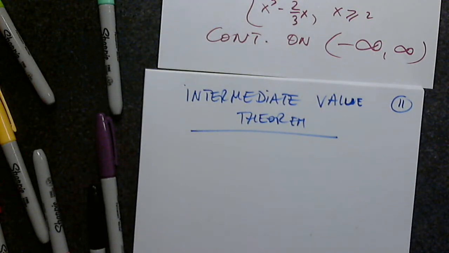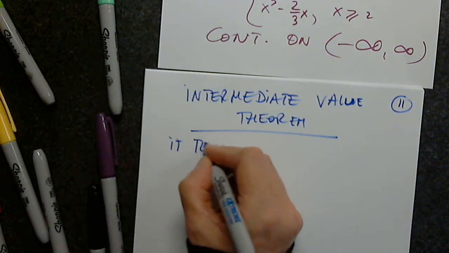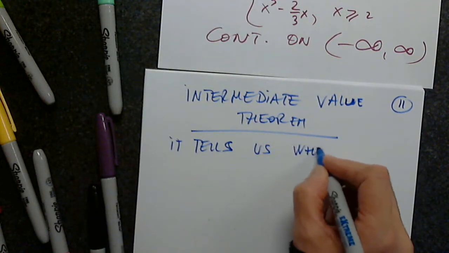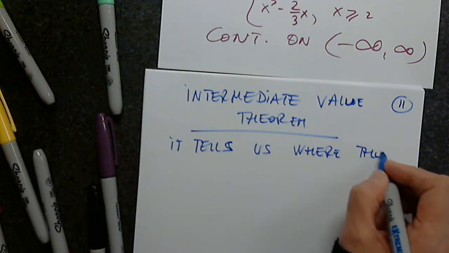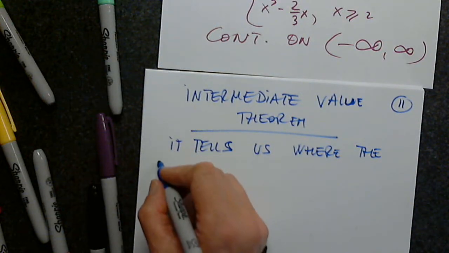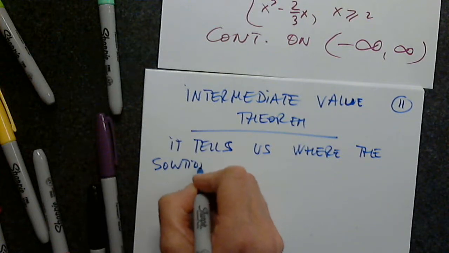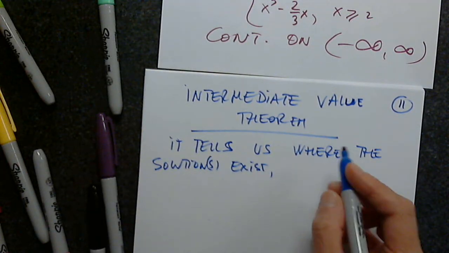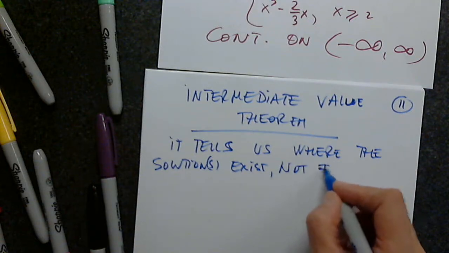This theorem will not give us the solution. Another theorem from chapter 4 will. This theorem only tells us where the solution is, or whether a solution exists, or solutions exist, not finding them.